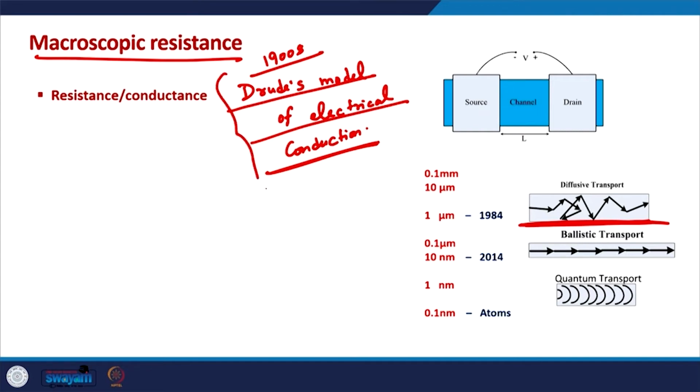This model was essentially inspired by the kinetic theory of gases, where the gas atoms were identical, indistinguishable particles. In this model of Drude, it was assumed that we have a lot of electrons, a sea of electrons so to say, in metals, particularly in conductors, and we have static charges.